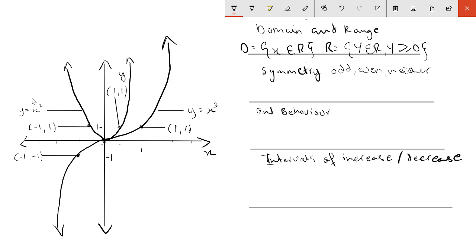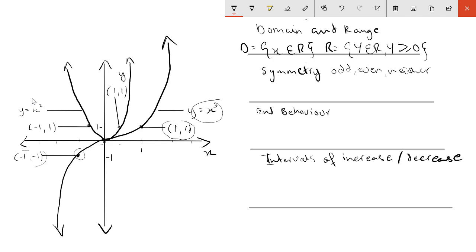So let's first examine the graph of y equals x cubed. If we look at the point 1, 1, and then the point negative 1, negative 1, which is here, it's not very accurate, but you'll see that the distance from negative 1 to the origin, and the distance from the origin to 1, 1 is exactly the same.